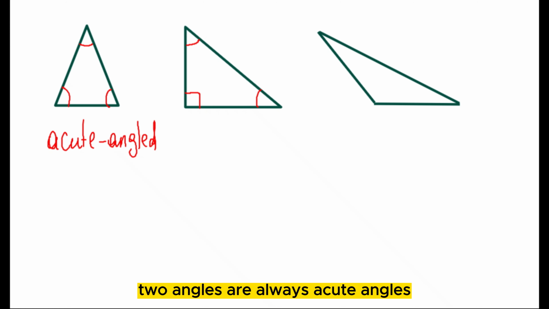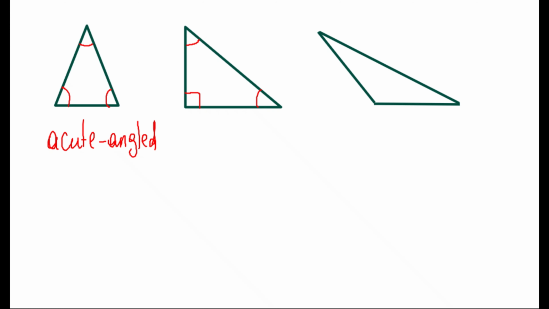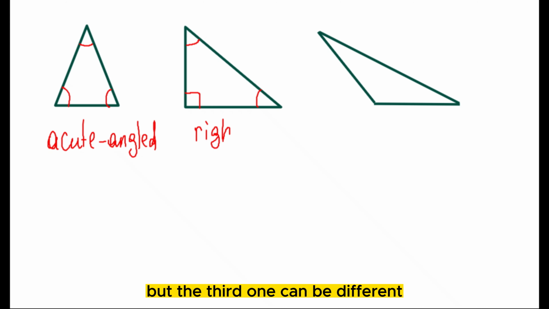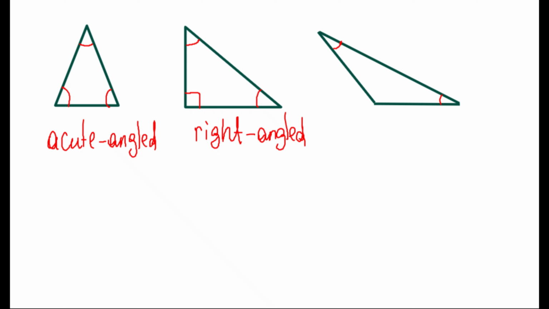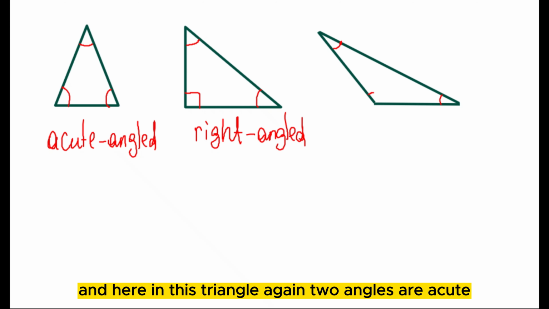Two angles are always acute angles. But the third one can be different. And here in this case, it's a right angle. So this is called a right angled triangle. And here in this triangle, again, two angles are acute.